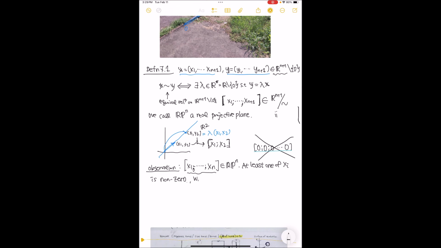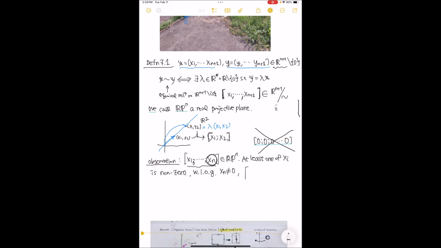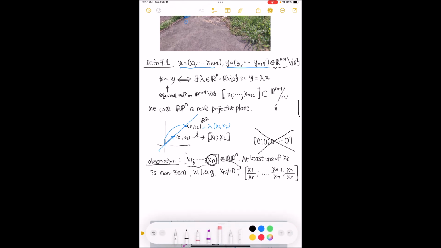So without loss of generality, if x_n is one of the non-zero components, we can divide by x_n, and the last coordinate is x_n divided by x_n, which is just 1.